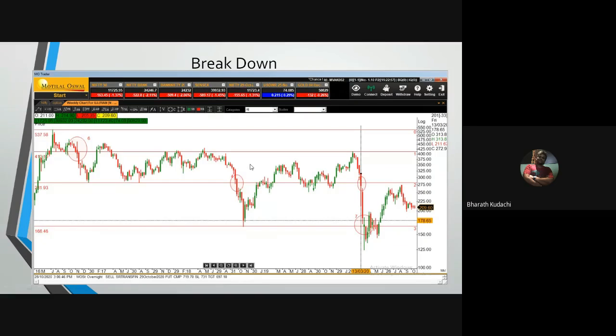So what exactly are these support and resistance? We call these zones. We don't call these borders. So this is not a border. These are different zones. So in the top zone, if the market price passes from this zone to this zone, then this will be my support.